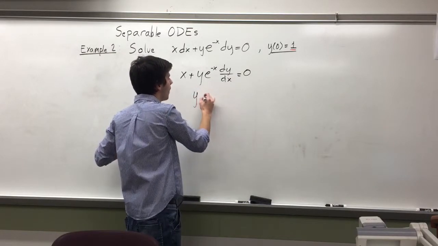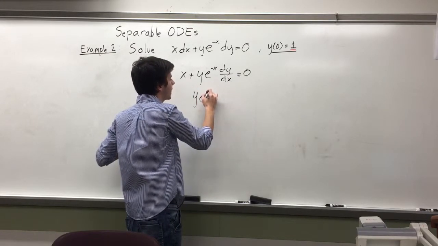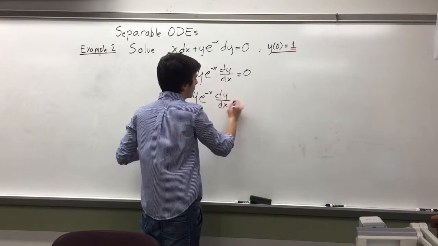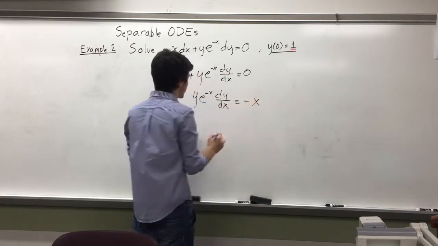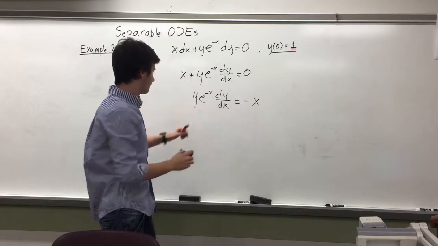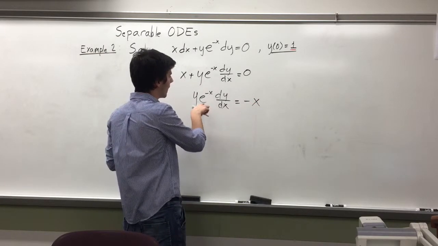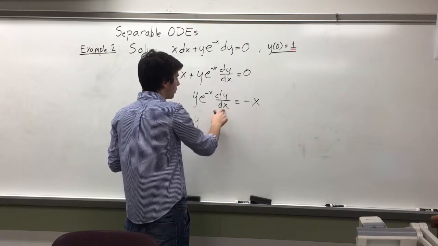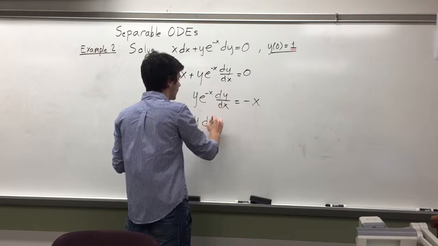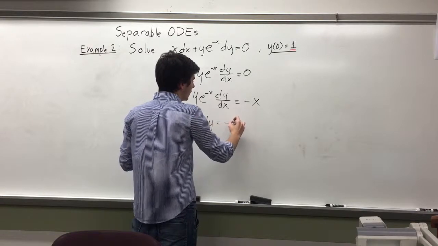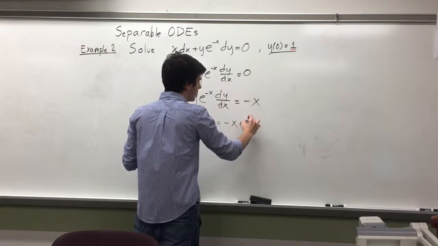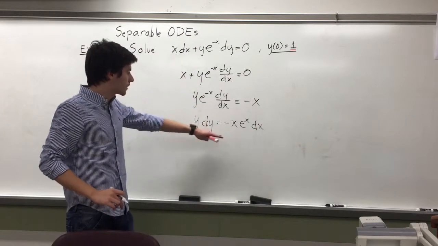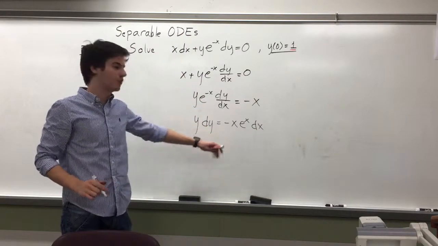We have y times e to the opposite of x dy dx is equal to the opposite of x. And here we can divide by e to the x on both sides and multiply by dx. So we have y dy is equal to the opposite of x e to the x dx. So here we successfully separated our variables.